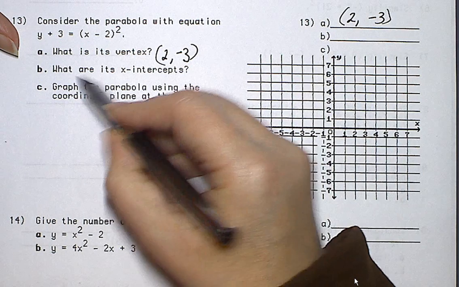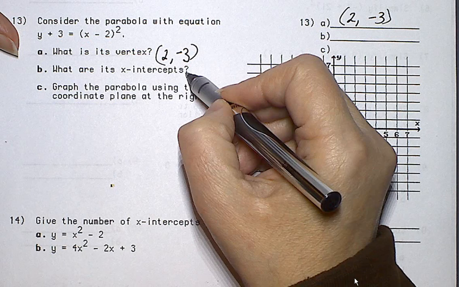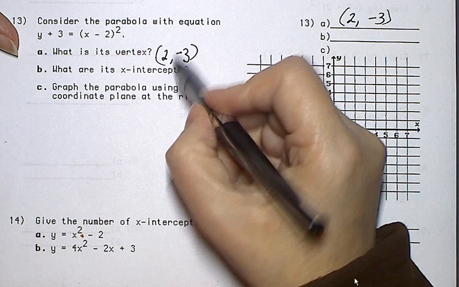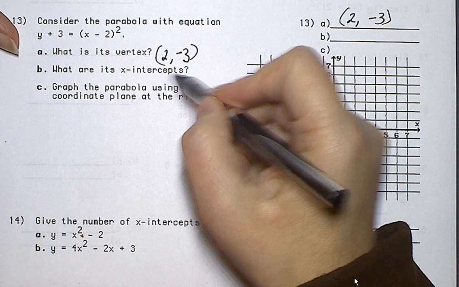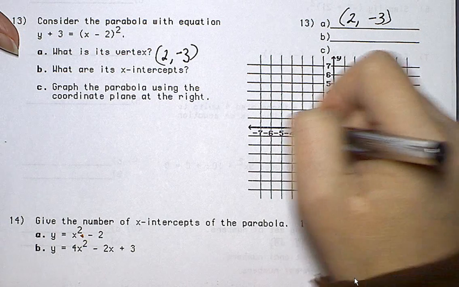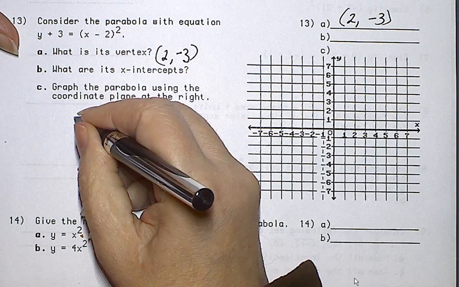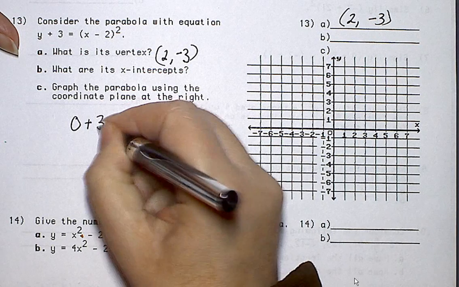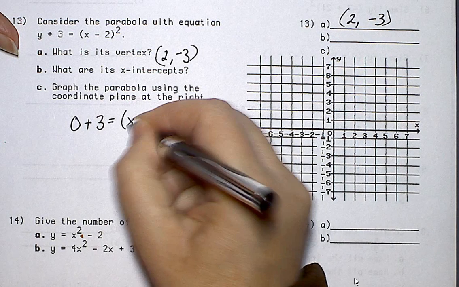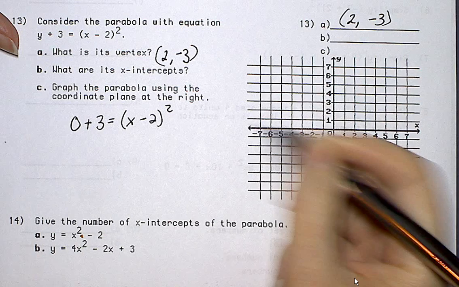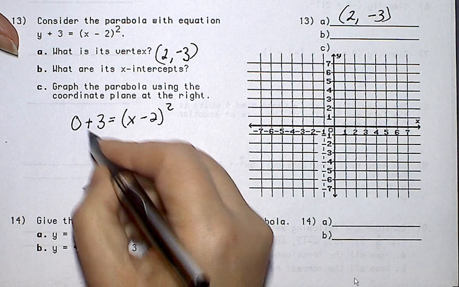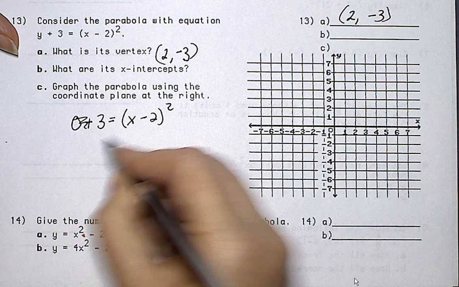Then it says, what are the x-intercepts? Well, what is your y when you are hitting here? What are my y values? It's 0. So we have 0 plus 3 is equal to x minus 2 squared. So this is gone. So we have 3 is equal to x minus 2 squared.